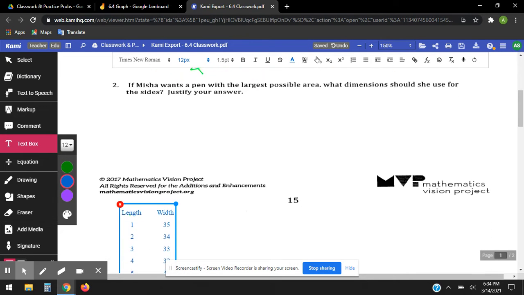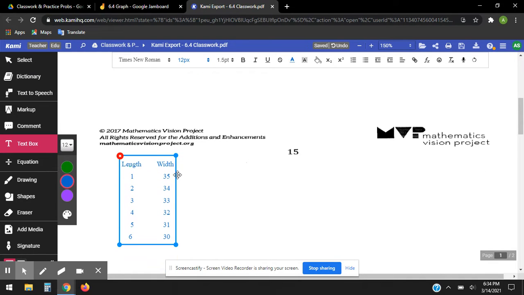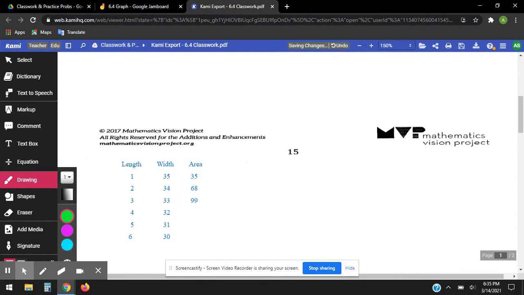If she wants a pen with the largest possible area, what dimension should she use for the sides? Well, let's tack on to this. So if I go from here, 1 times 35 is 35. Next one, 2 times 34 is 68. This one, 3 times 33 is 99, because area, let me back up a moment.